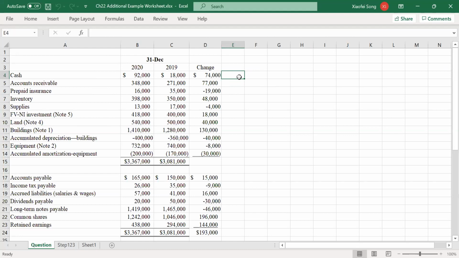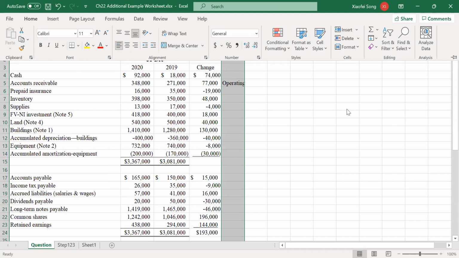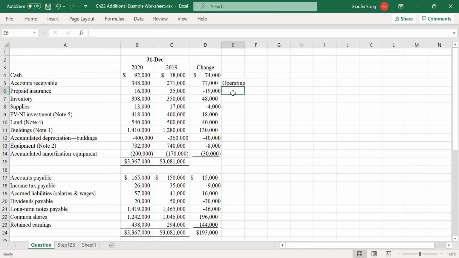First one, this is the change in cash. In the end, this is where we want to end, so we don't need to talk about this. Accounts receivable is straightforward. This is operating, the difference between sales revenue and the cash collected from customers. Prepaid insurance is also operating. It would be the difference between insurance expense and insurance premium paid.